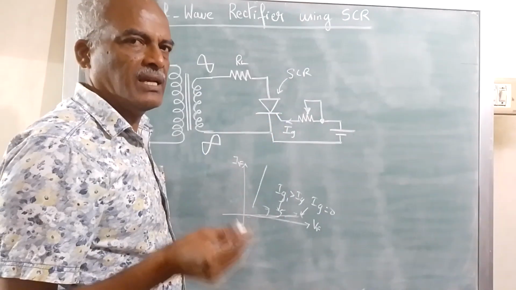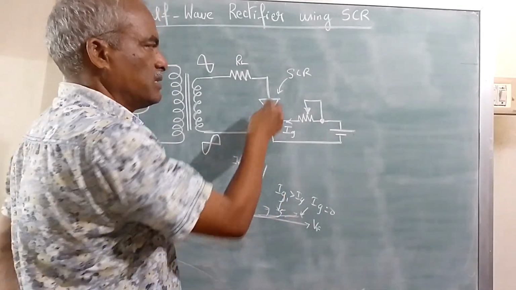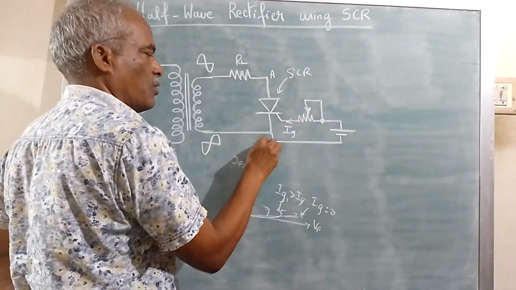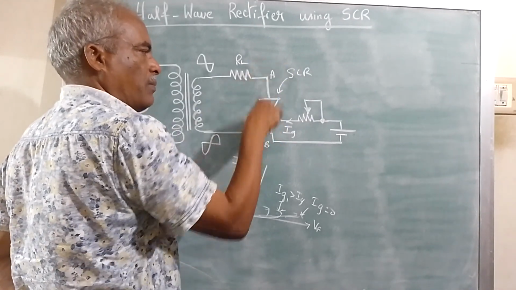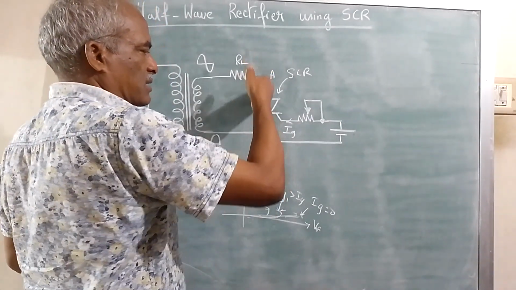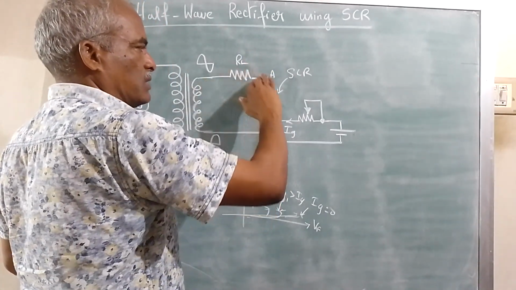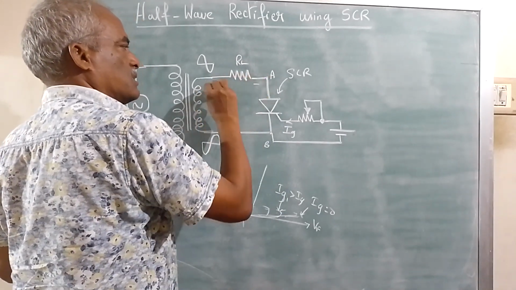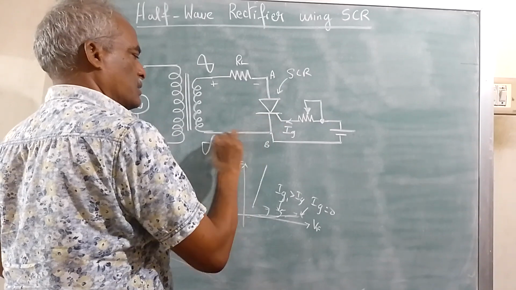If SCR starts conducting, I'm calling this point A and this point B, you can view A, B as a short circuit. That means it acts as a conductor and current will start flowing. This is positive, this is negative, current will go in this direction.